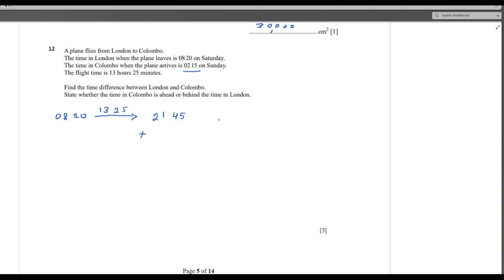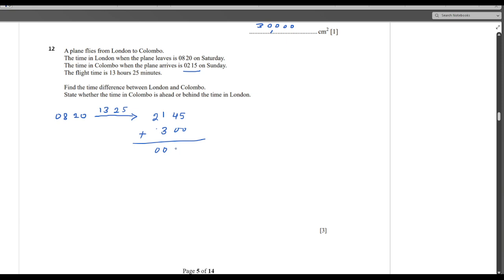Let us start with 3 hours only. So if you add your 3 hours, you will be having 24. Now 24 means 00, I will say 00:45. Okay, this is your Sunday.